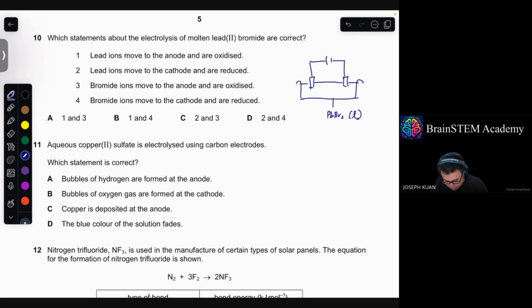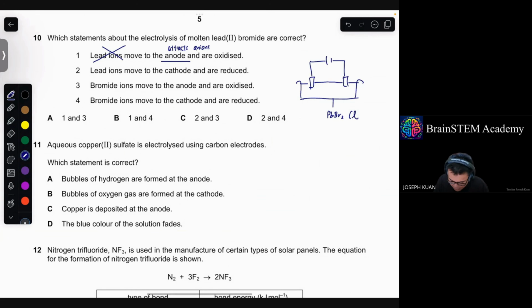Now let's look at options 1, 2, 3, and 4. Lead ions move to the anode and are oxidized. Remember, the anode only attracts anions most of the time, and lead ions are positive ions, so 1 is wrong. So 2 should be correct.